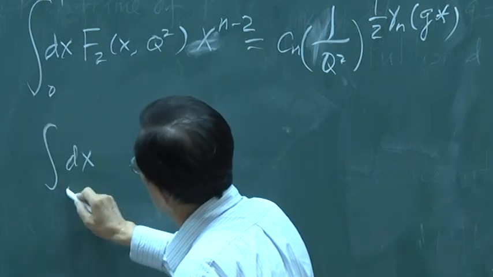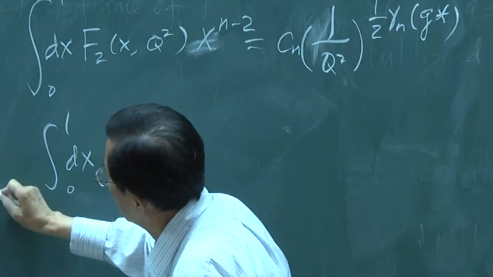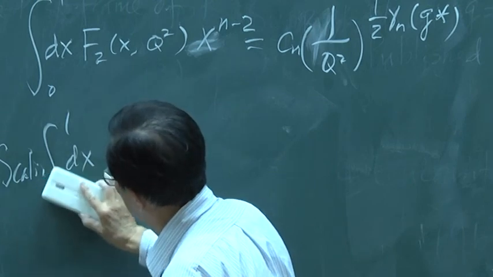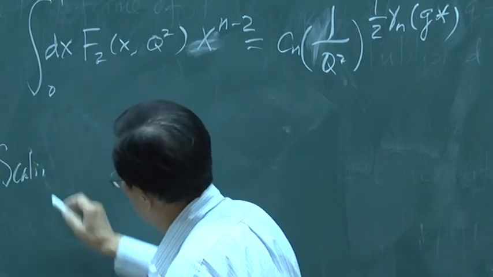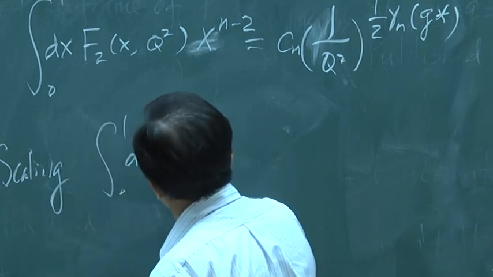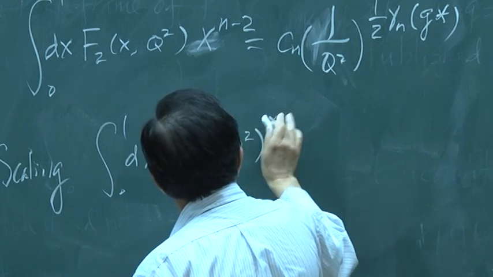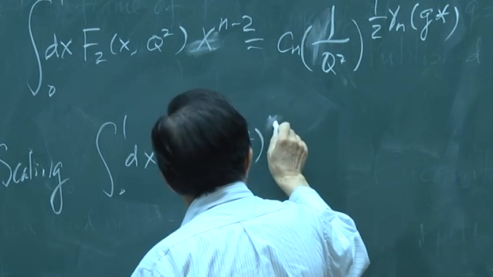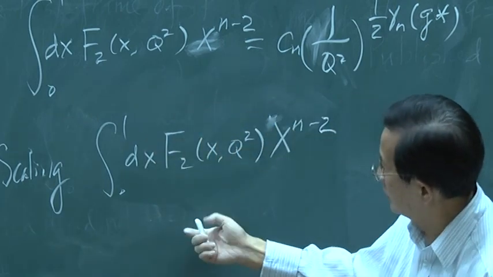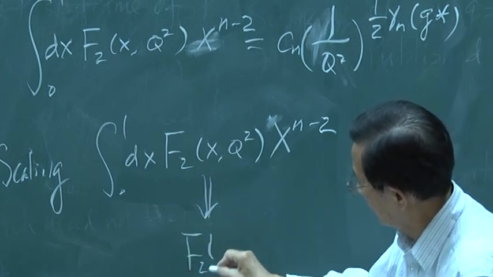If Bjorken scaling holds, then as q squared goes to infinity, this will just become f2 of x.